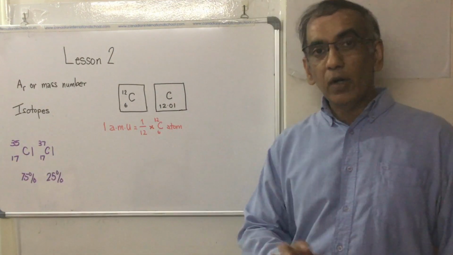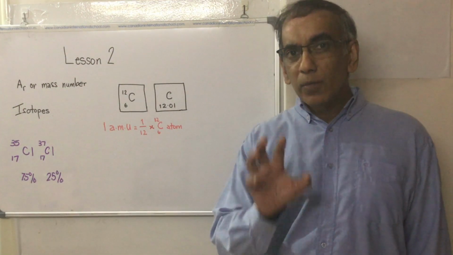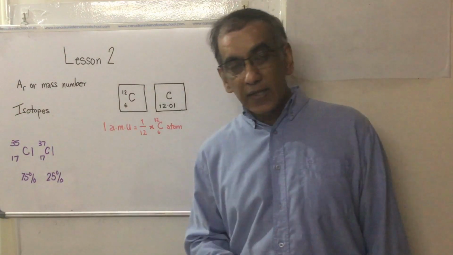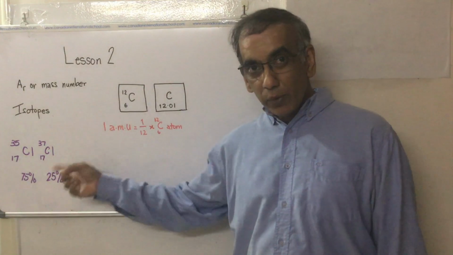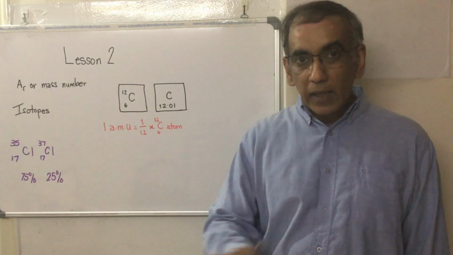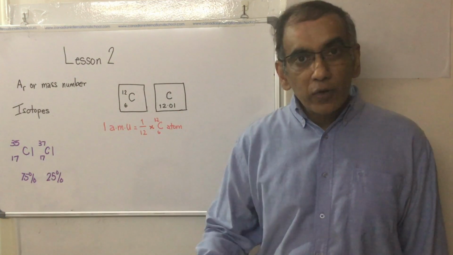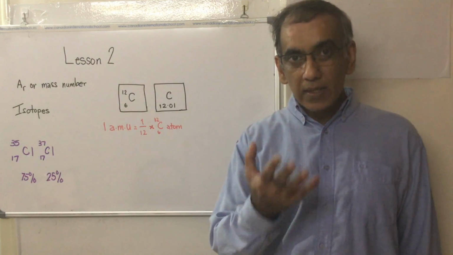But then you have got another fairly abundant isotope accounting for almost 25%, and that other isotope is chlorine 37 with 20 neutrons and also the same proton number, 17 protons. Proton number must be the same in isotopes. What's different is the number of neutrons. The number of electrons and the electron configuration, all of that remains the same.